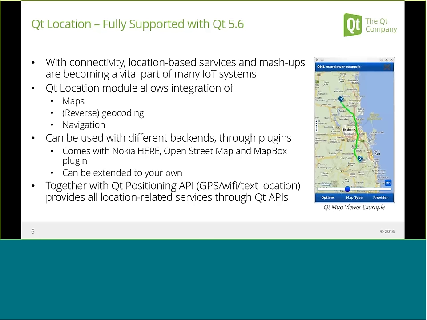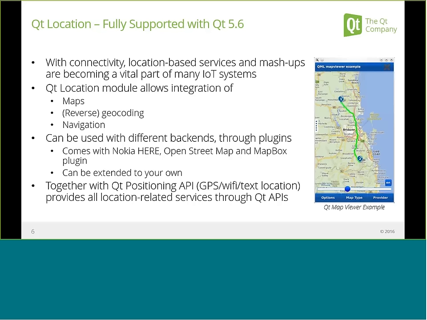And how this works is that you use the C++ or QML APIs with a certain location service backend. And we ship this API with 3 backends: Nokia Here, OpenStreetMap, and Mapbox.